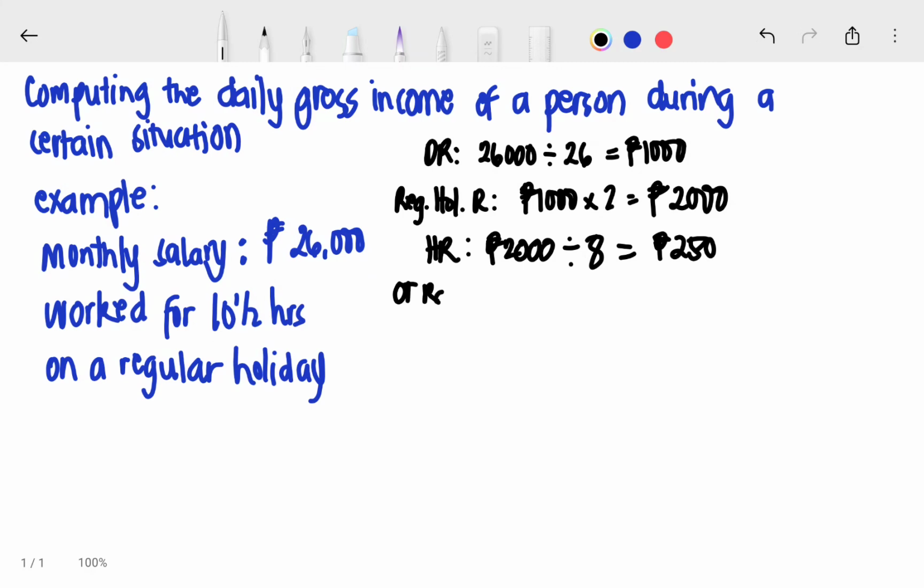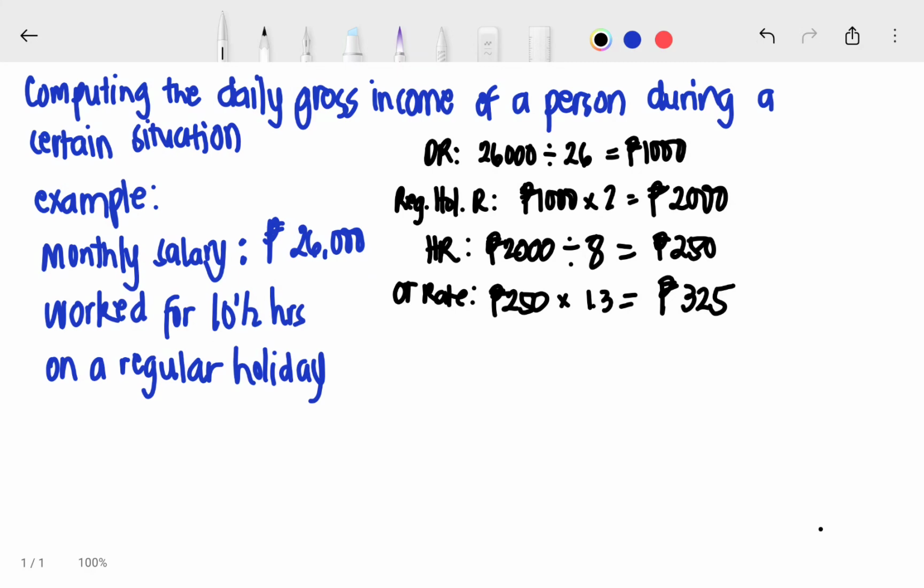OT rate. So, 250 pesos times, dito, we're going to add another 1.3 or 130% kasi nag-overtime siya. So, that will be 1.3 yung multiplier natin. And 250 times 1.3 is 325 pesos.